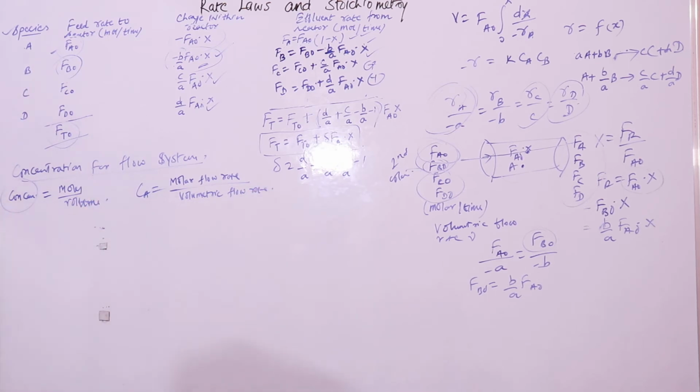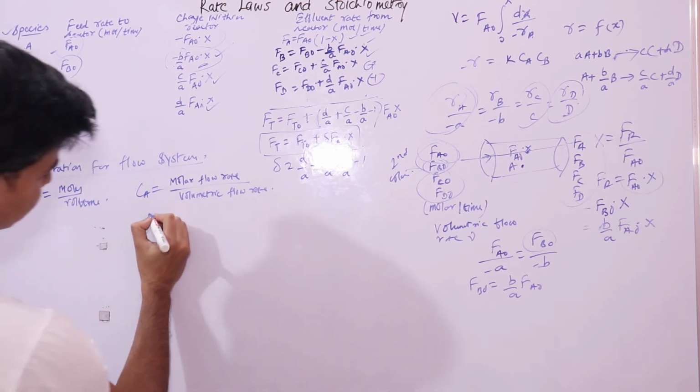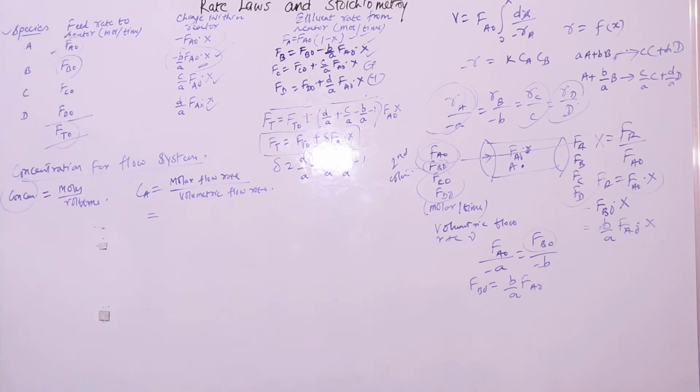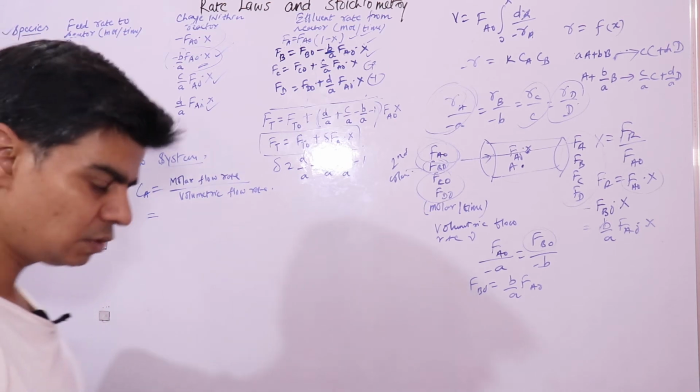So what is the molar flow rate? Molar flow rate is moles flowing per unit time. When you say rate, it is when you compare it with time.